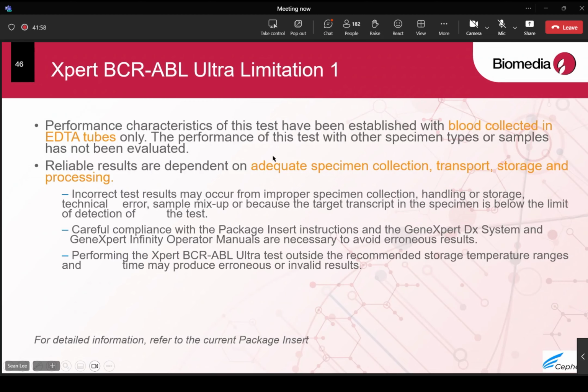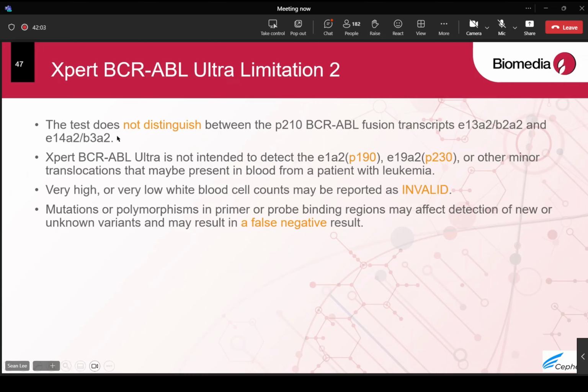Next, the limitations. This test does not distinguish between the P210 BCR-ABL fusion transcripts E13A2/B2A2 and E14A2/B3A2, so it cannot differentiate which one is which.